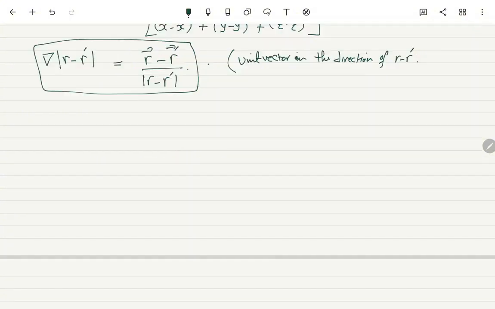Now let's find the other quantity B, which is gradient of 1 over the magnitude of r − r′.